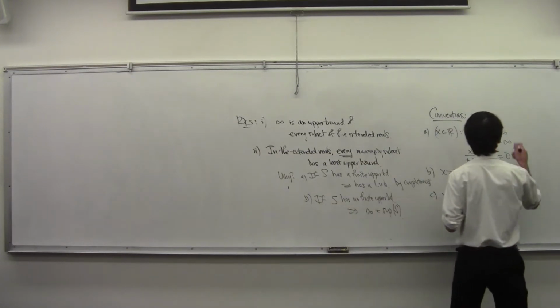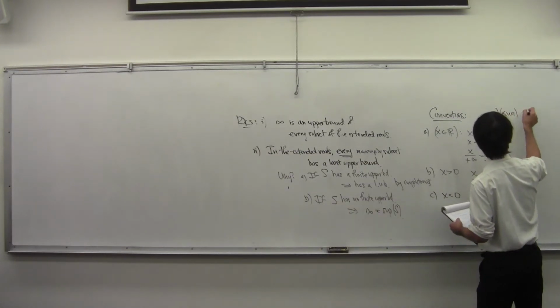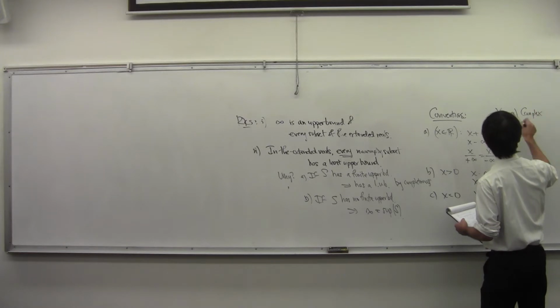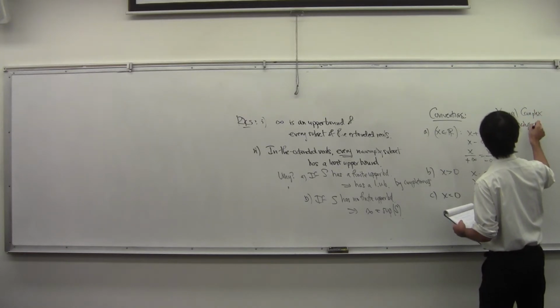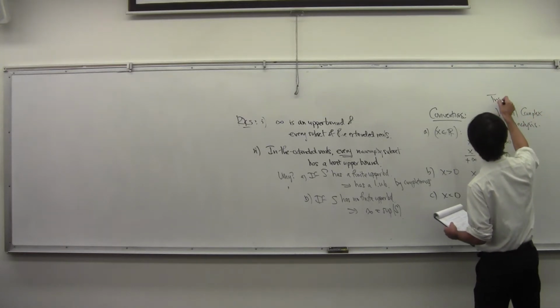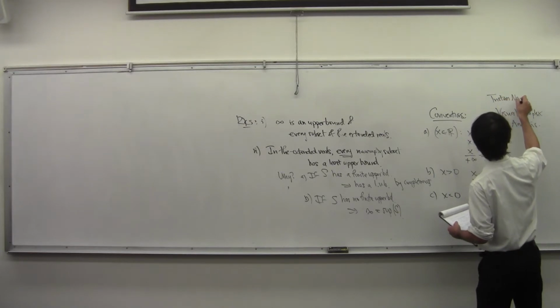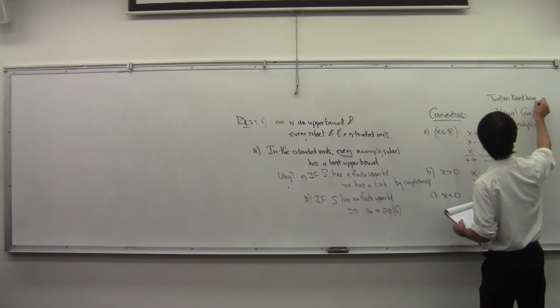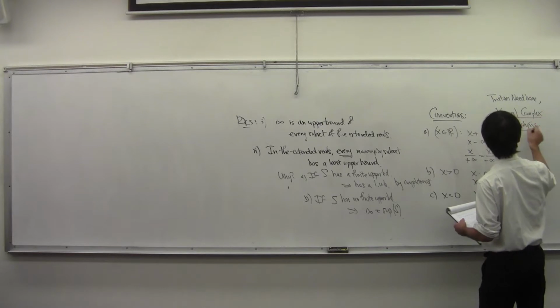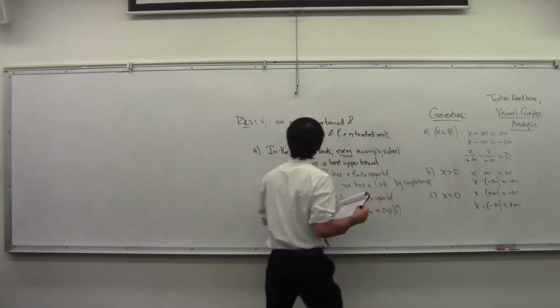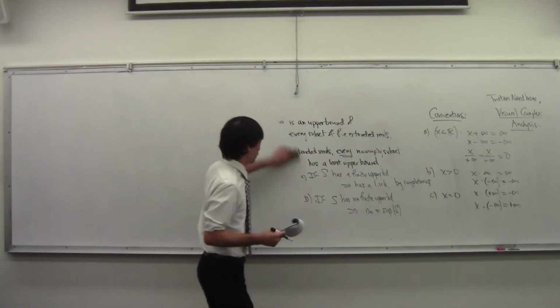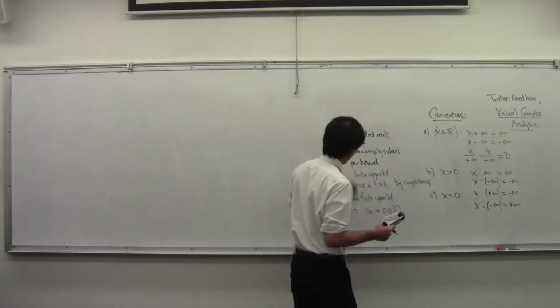There's a cool book called Visual Complex Analysis by Tristan. That's sort of complex analysis in a way that people don't usually see complex analysis.